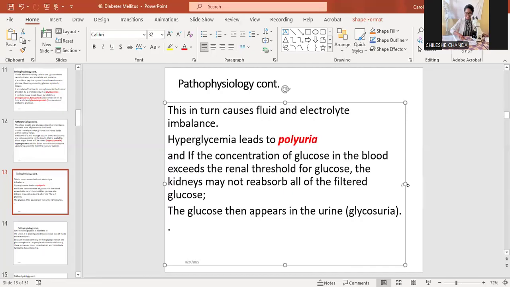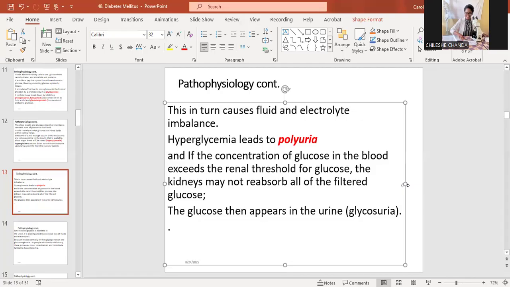Things that are reabsorbed in the bloodstream, some of them include sodium chloride, some of them include glucose. Now, when there is too much glucose and the kidneys are overwhelmed, you're going to find that some of the glucose will not be reabsorbed back into the blood at the level of the renal tubules.